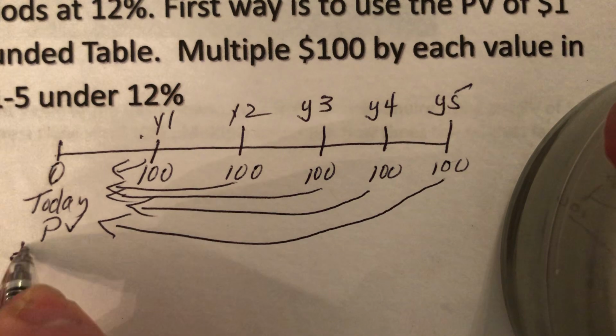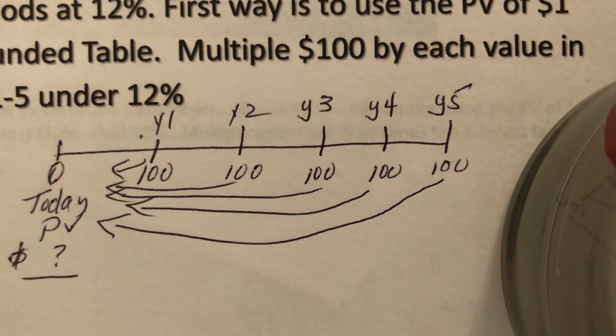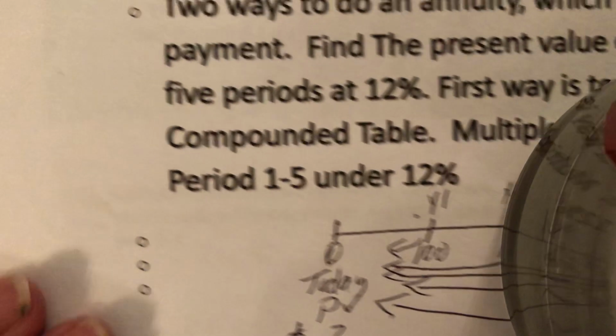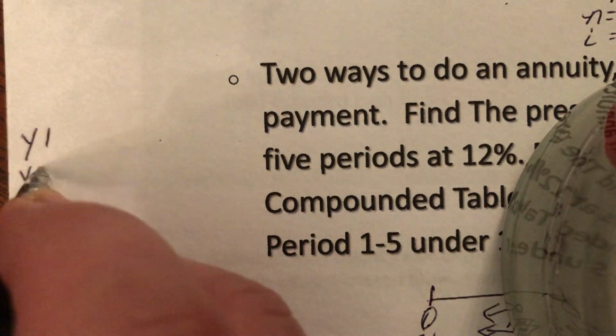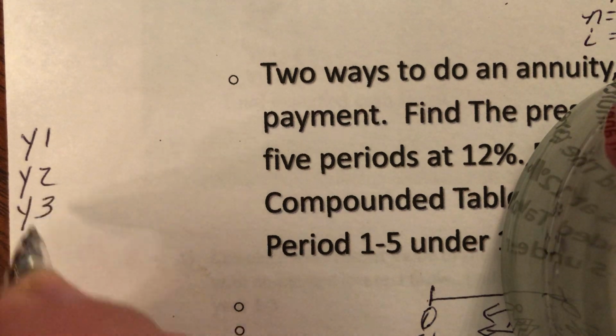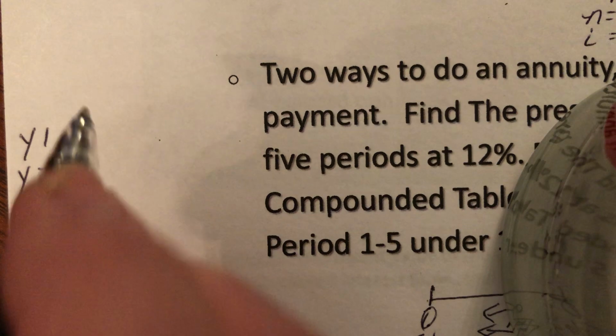So how much do we have today? Okay, there's 2 ways to do this. You can use your first table, and if you used your first table, let's just put it over here. Year 1, year 2, year 3, year 4, year 5. Now remember, this is an annuity.